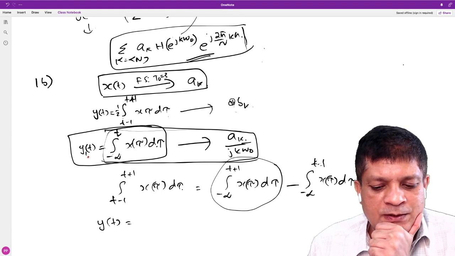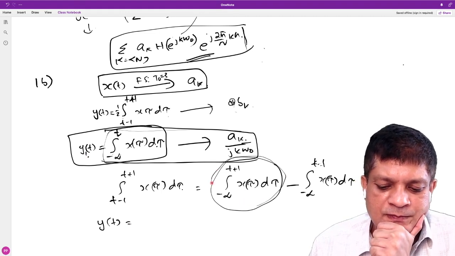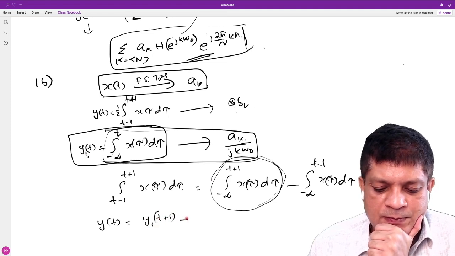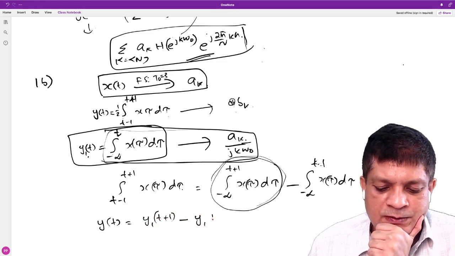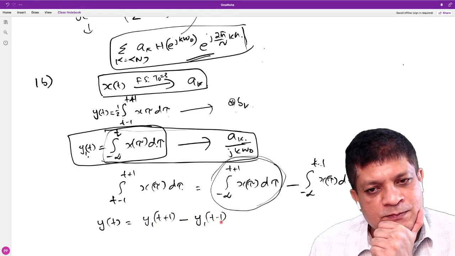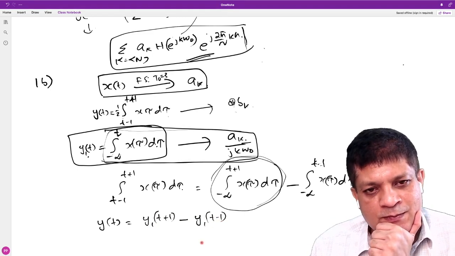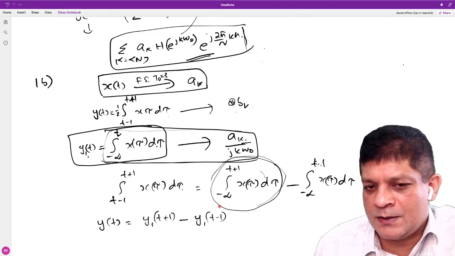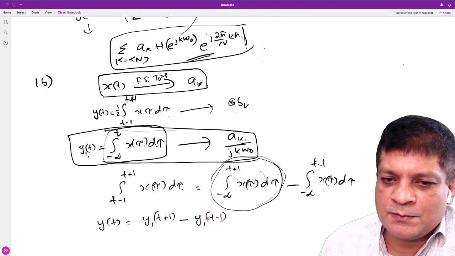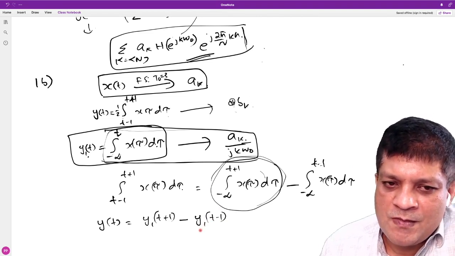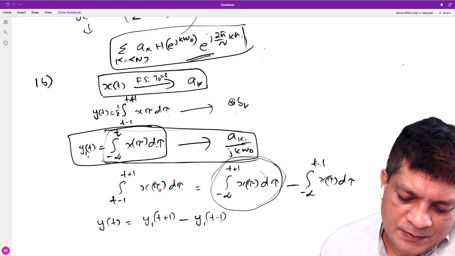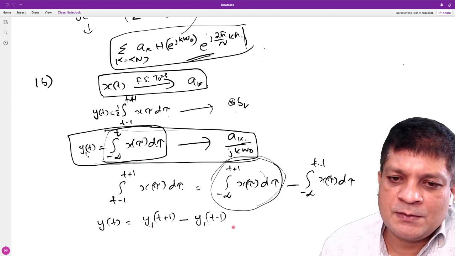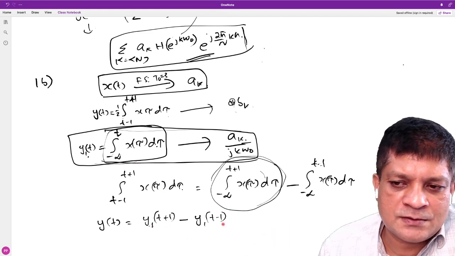It is y1(t plus 1) minus y1(t minus 1). So you can find the Fourier series coefficients using properties. If you know the Fourier series coefficients of y1(t), apply the shifting property, take the difference, and you will get the answer.